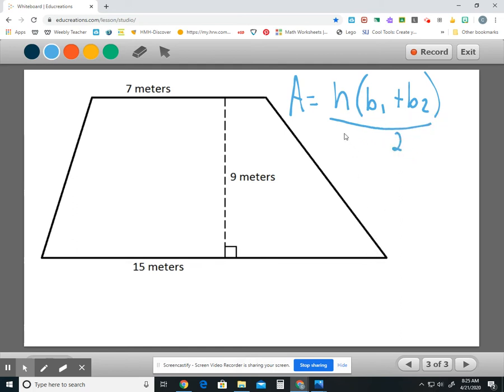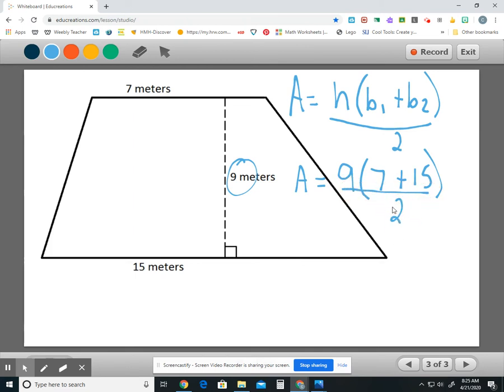Okay, so we're going to plug in what we know. I don't know the area yet, so I'm going to plug in area is equal to the height, which is 9 meters in this example. I'm going to times that by 7 plus 15. And eventually I'll take the whole thing and divide it by 2.